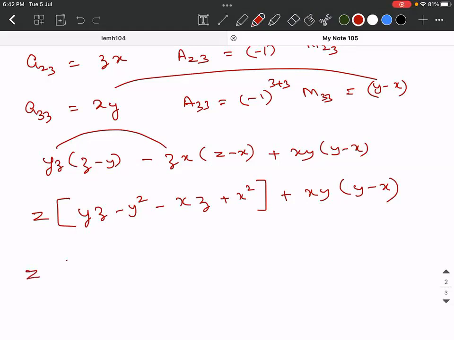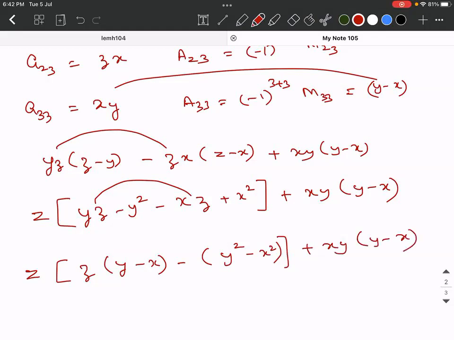Okay. So z into, from these two things, I'll take z outside. Then I'll get y minus x. Is it right? Minus of y square minus x square into y minus x.